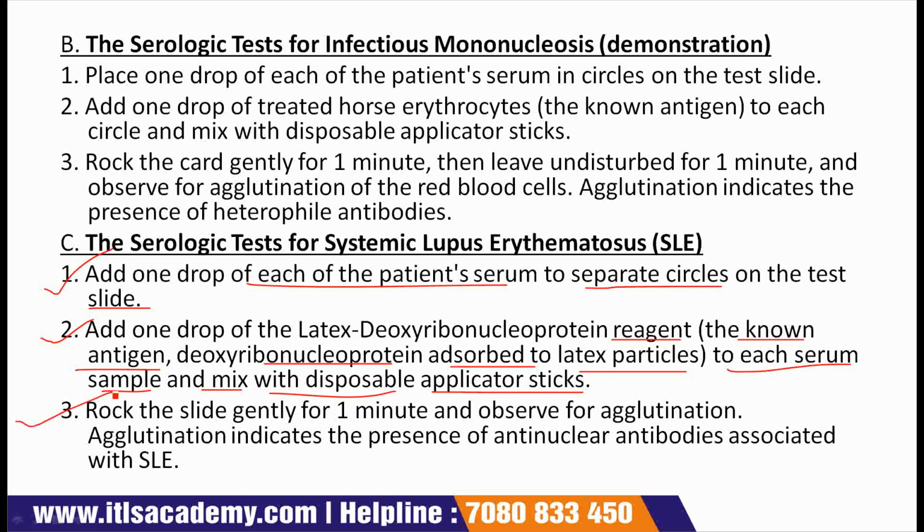The next step will be to rock the slide gently for 1 minute and observe for agglutination. Agglutination indicates the presence of anti-nuclear antibodies associated with SLE.